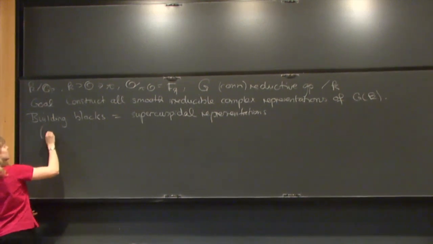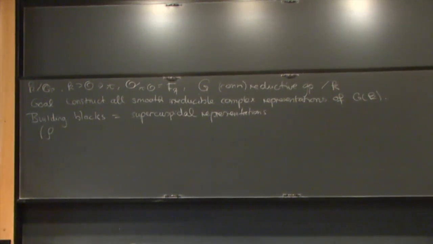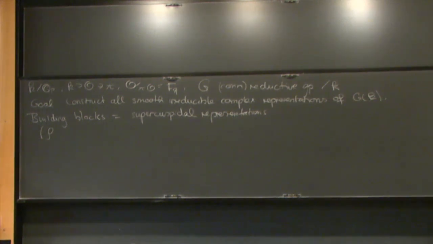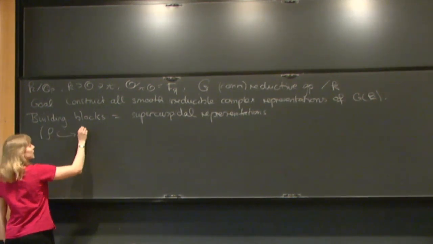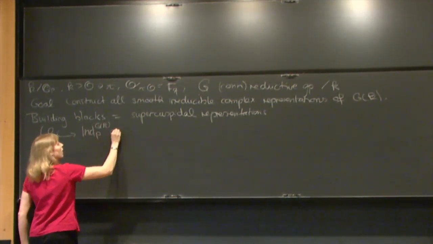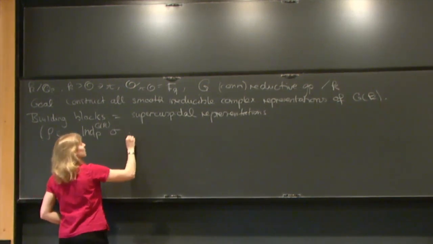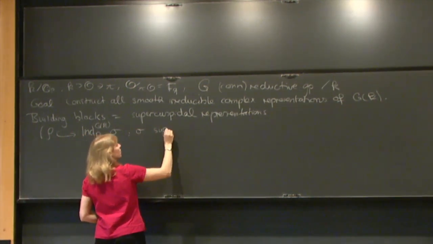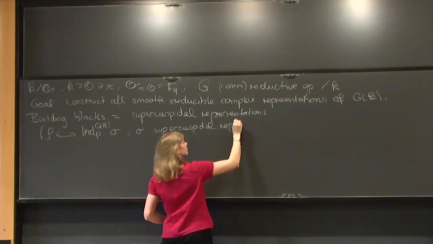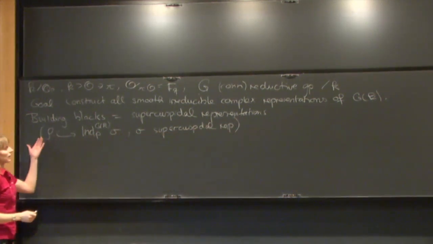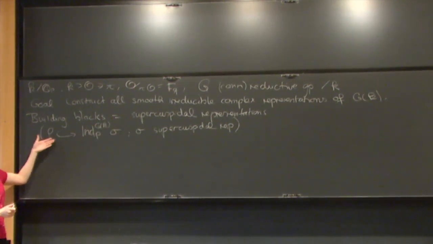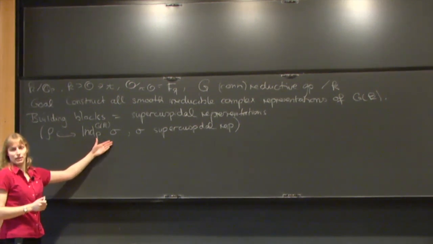If you take an arbitrary irreducible representation, you can embed it into the parabolic induction from some parabolic subgroup to the whole group of some supercuspidal representation sigma, where sigma is a supercuspidal representation of the Levi.